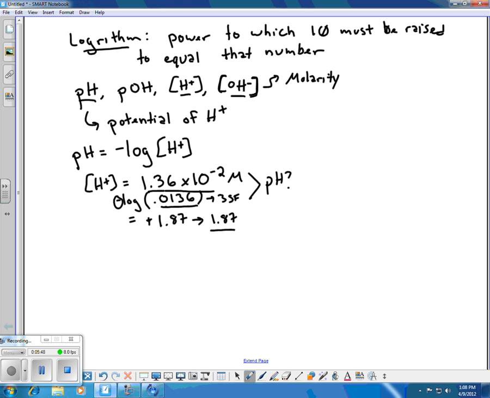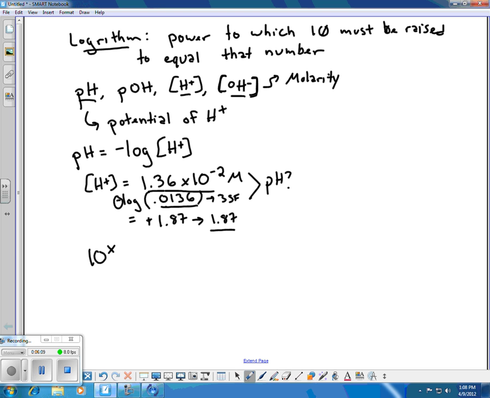So the next part is how to do the opposite of these kind of calculations. If you look on your calculator, when you look for the opposite of a logarithm, the answer is actually hidden on your calculator. It's the second function of the log button. So if you look at that, you should see that it's 10 to the x.